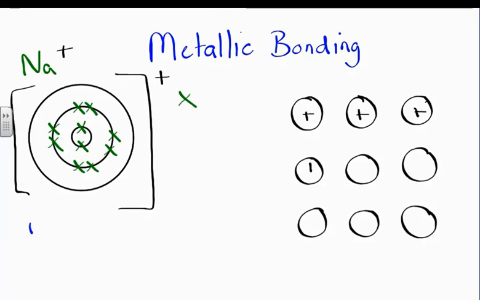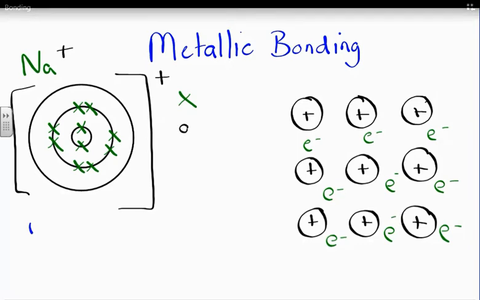So it's not just a 2D shape, this is a 3D shape, and it is a regular arrangement of these positive ions. So as well as the positive ions, we also have the electron that each ion has lost, and those electrons just surround the positive ions that are in there.